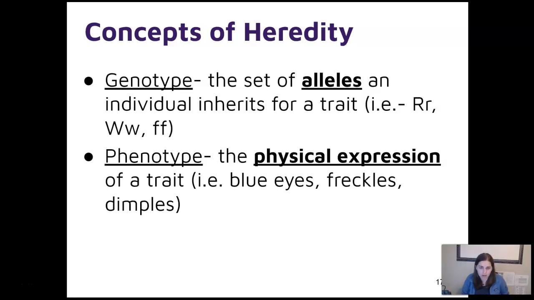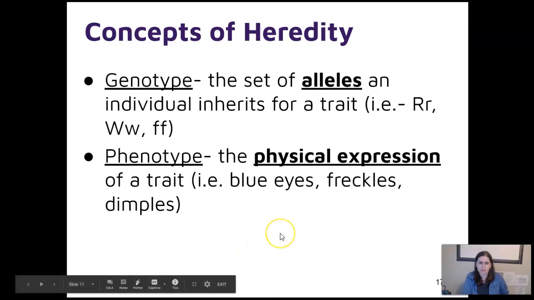Let's say you have blue eyes, that might be little b. Maybe you have dimples. Maybe that is big D, or big D, little d. So more than one combination can give you the same phenotype, depending on whether it's a dominant or recessive trait.